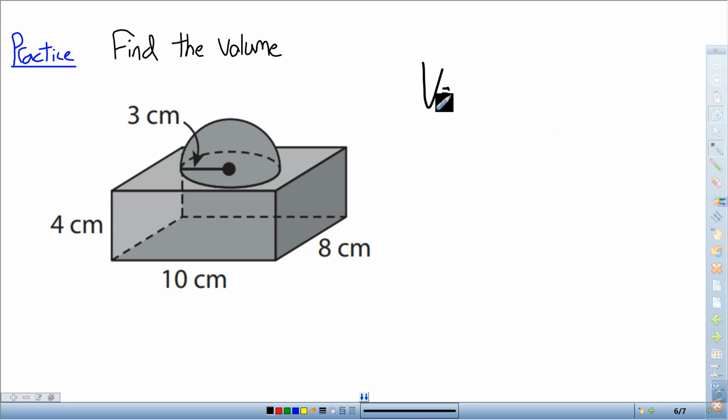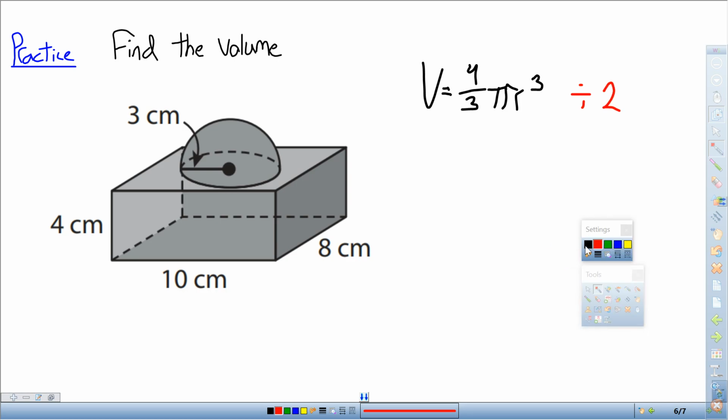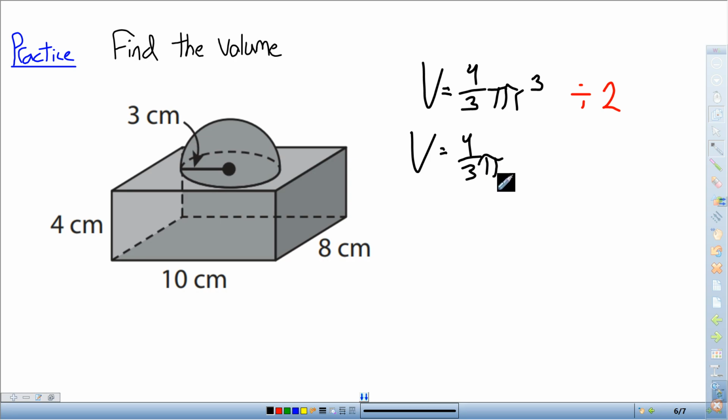The volume of my hemisphere: 4/3 pi r cubed is how you find the volume of the entire sphere, but then I'm going to divide that by 2. Once you realize that, the rest can basically be done in your calculator. The radius is 3, so 4/3 pi 3 cubed.